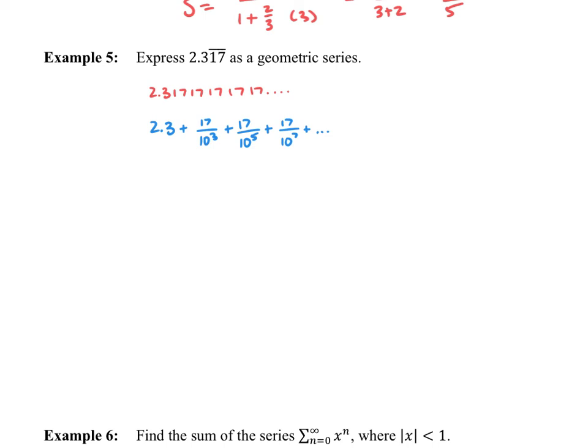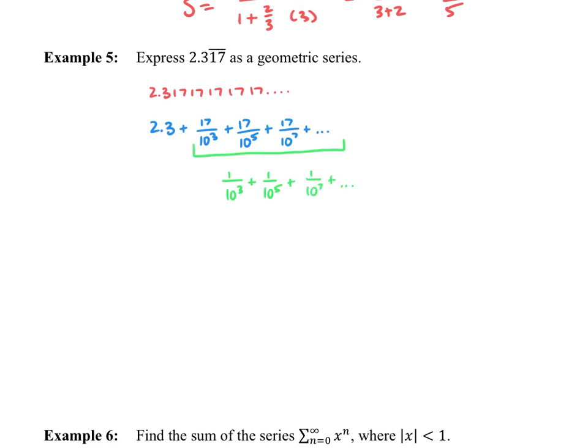All right, if you take a look at this little portion right here, let's just forget the 17 for a moment, okay? We're just looking at the 1 over 10 cubed and 1 over 10 to the fifth and 1 over 10 to the seventh and so on.